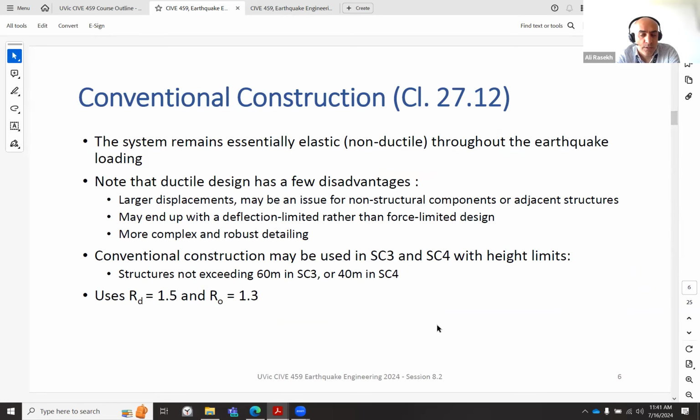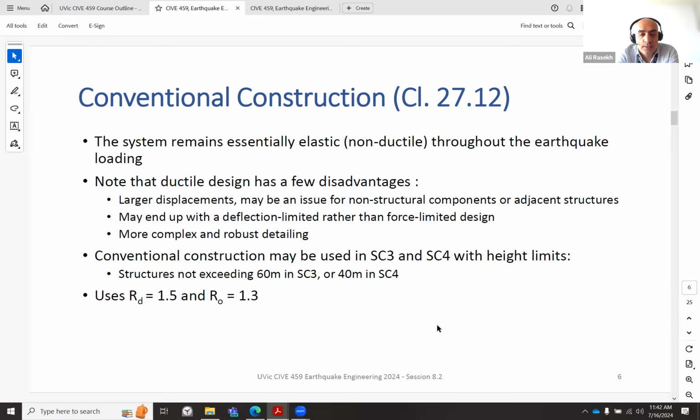First, jumping into one of the last sections, the conventional construction. The system remains essentially elastic, so it's almost non-ductile throughout the earthquake, meaning what has been done in the past probably 100 years in steel design.